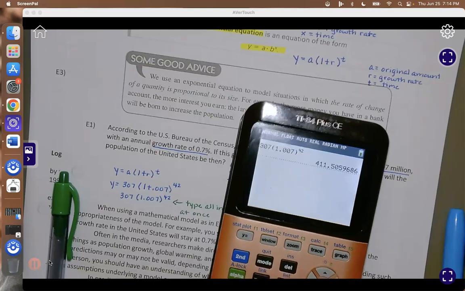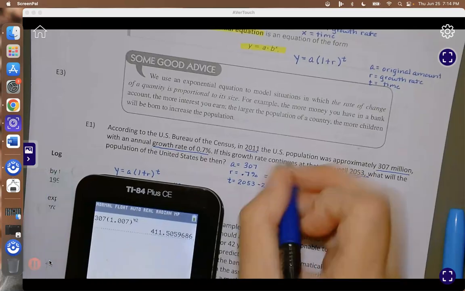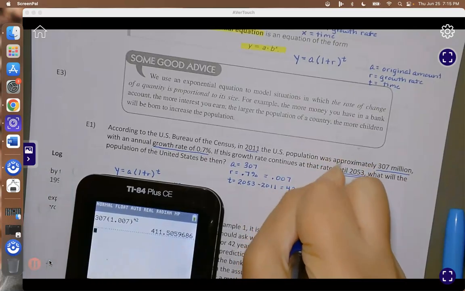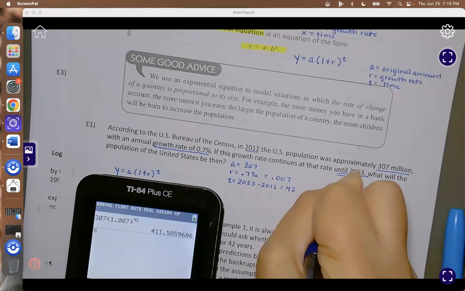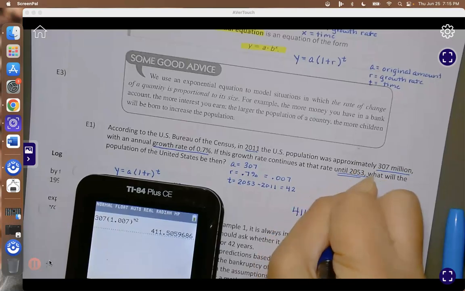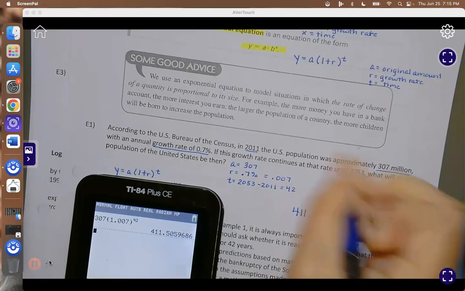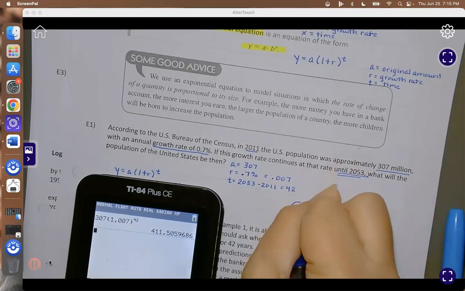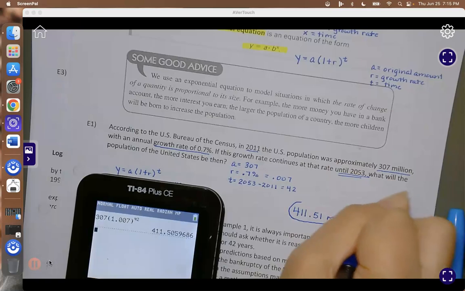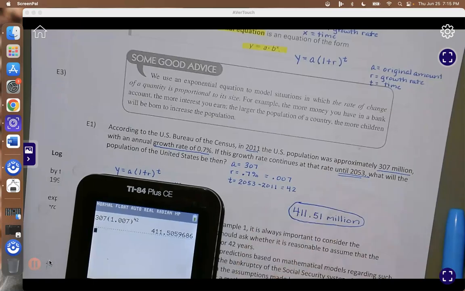And that gives me an answer of 411.51 million. That's what the population would be, according to the rate at which it's growing.